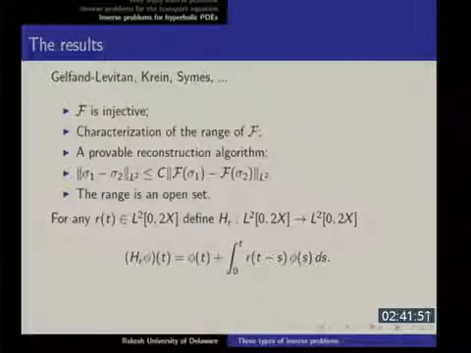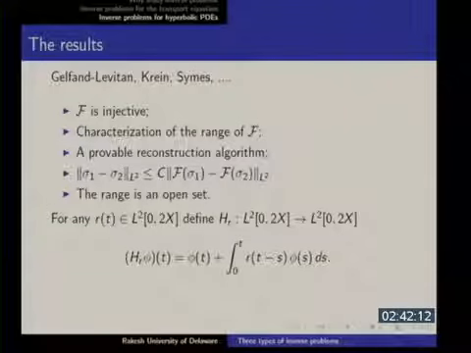They said, well, take that function, whatever function it is, you want to test whether it's the response or not. And I create an operator on L2 0 to X. And this is the operator. Apply it to any function phi in L2 0 to X, and just take that plus this kernel. The kernel is formed by the response, right? The R that you're trying to test comes as the kernel.